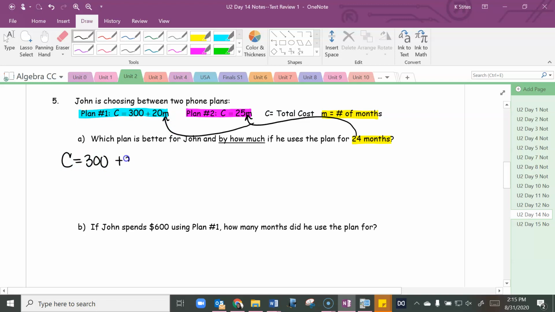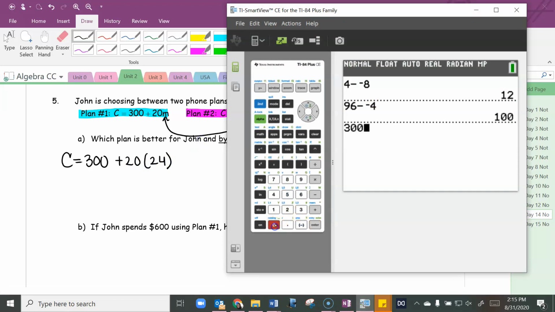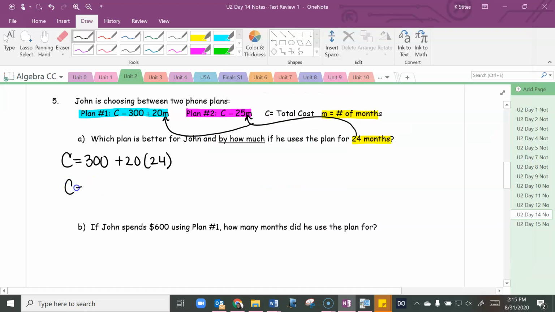So 300 plus 20 times 24, and I'll just use my calculator. So this first cost is $780. So that's for plan number 1. And then plan number 2, I have C equals 25 times M, where M is 24.